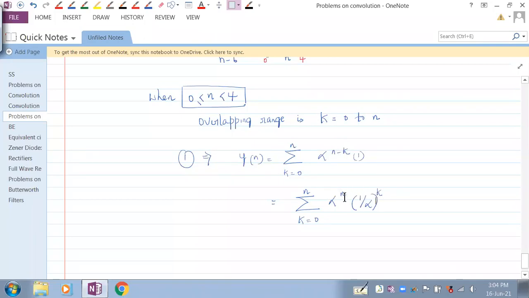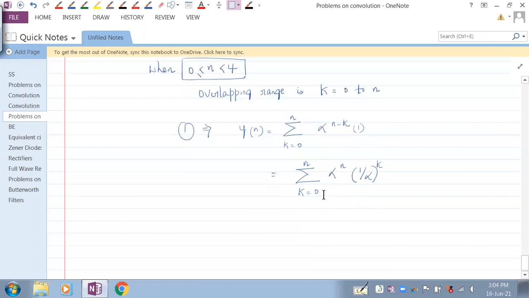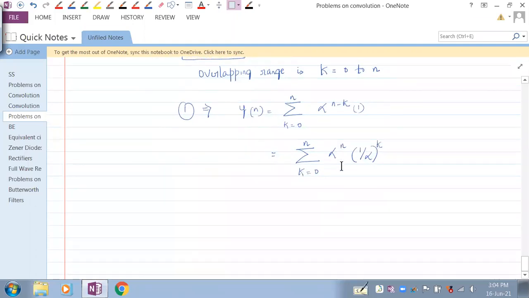Now among these two parameters, which parameter has got nothing to do within the summation? This is k ranging from 0 to n, right? So alpha power n has got nothing to do because k will get values assigned, n will not get values assigned. So let's keep this alpha power n outside the summation because within the summation it has got no job to do.